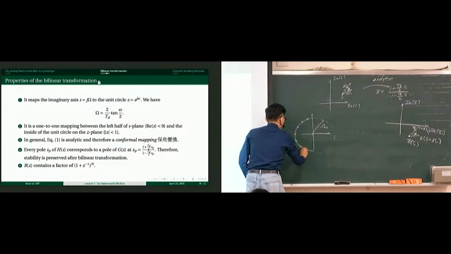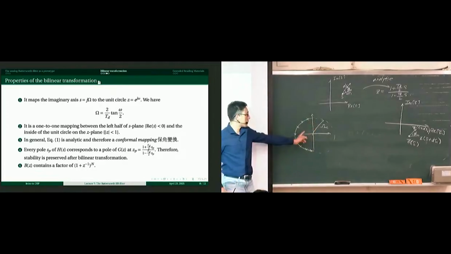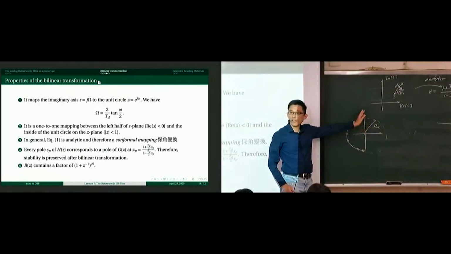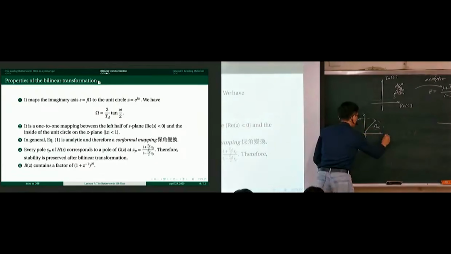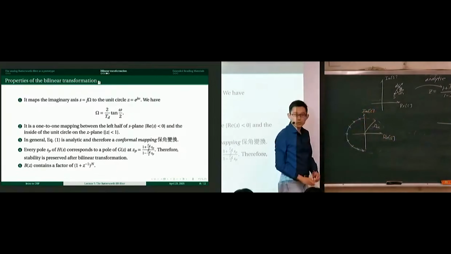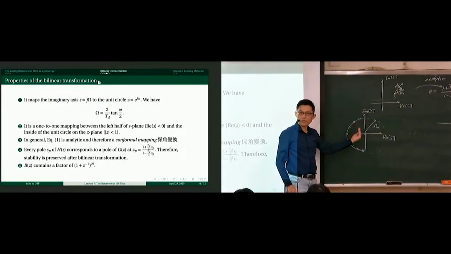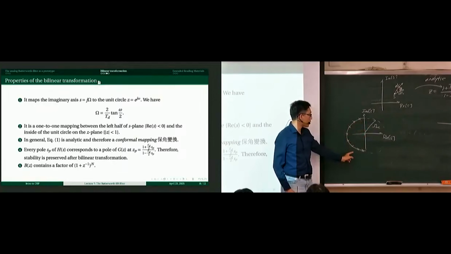Yeah, so we place the poles on the left half plane in S domain. We didn't emphasize this, but there's a reason why we put all the poles to the left of the imaginary axis.